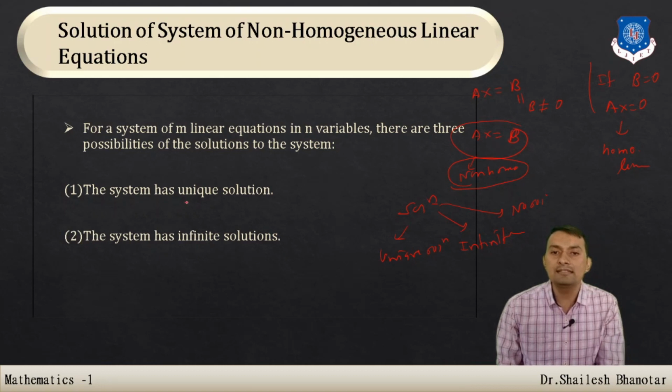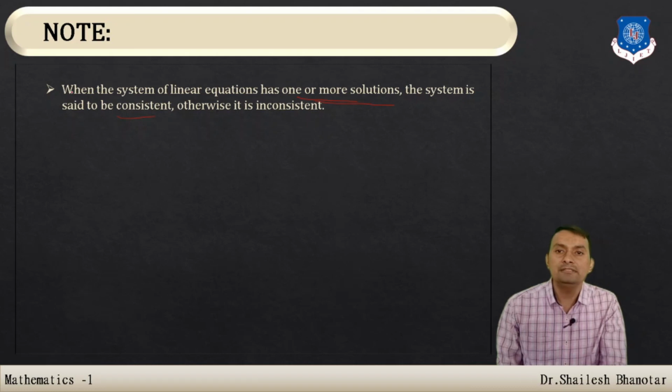Note number 1 says that the system of linear equations is consistent if and only if the system has a unique solution or infinitely many solutions. But whenever we have an inconsistent system, that means no solution exists.